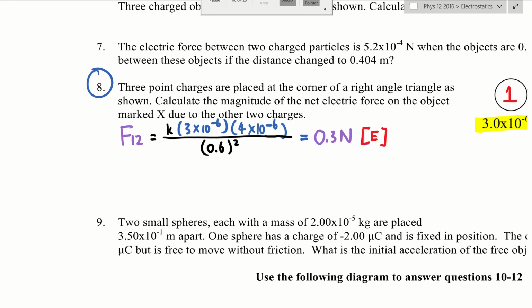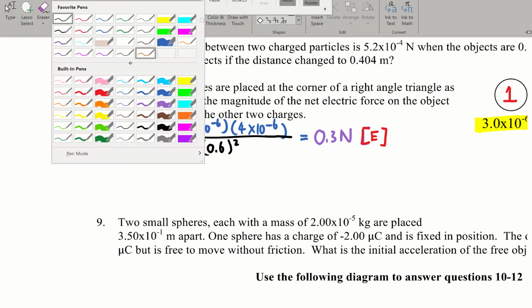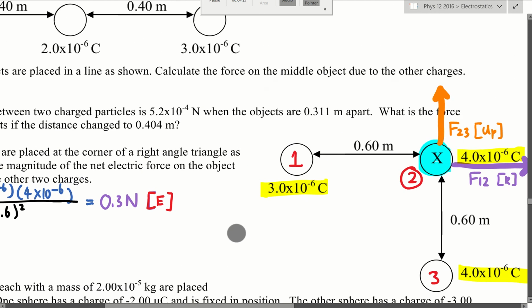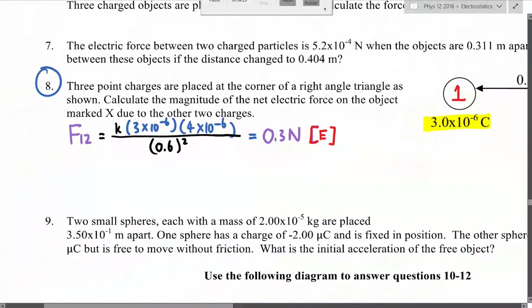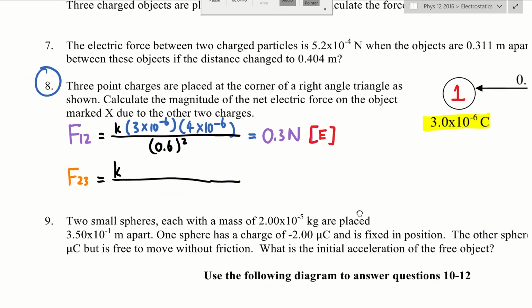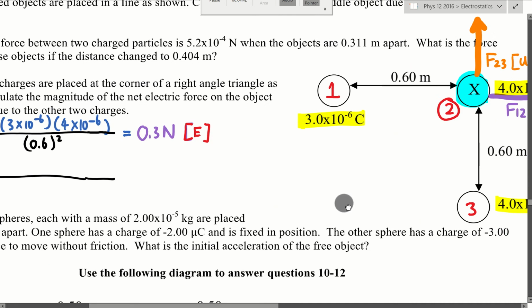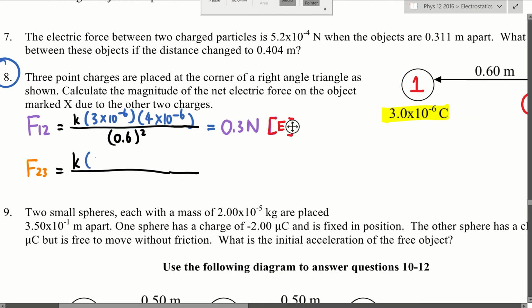Then we have another force, which is the orange one pointing to the north, which is F23, the force between 2 and 3. So charge 2 is 4 times 10 to the negative 6, and charge 3 is 4 times 10 to the negative 6 also.